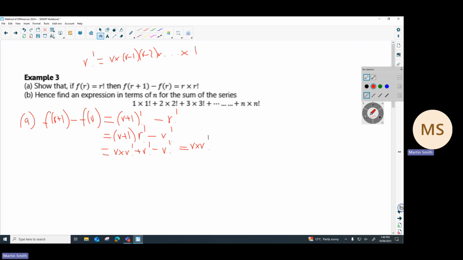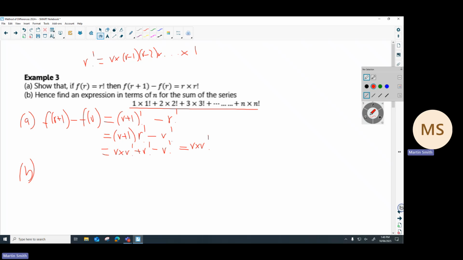Now, in part B, we are asked to hence find an expression in terms of n for the sum of this series. So what I'm going to do is, first of all, express this series in sigma notation, and then we'll see how the previous part can help us. So each of the terms that I am summing has the form a number, let's call it r, times the number factorial.